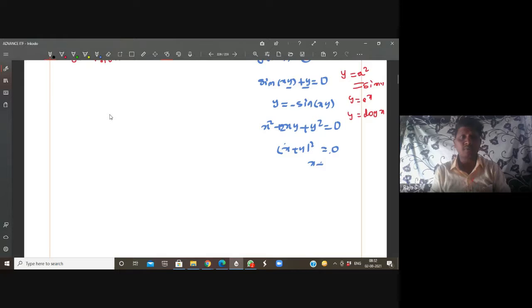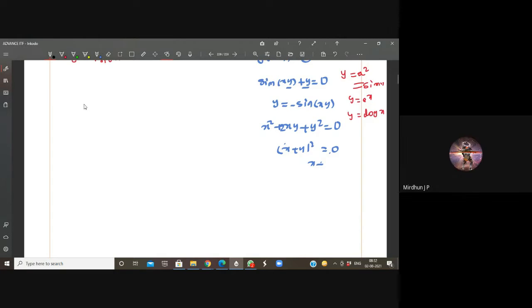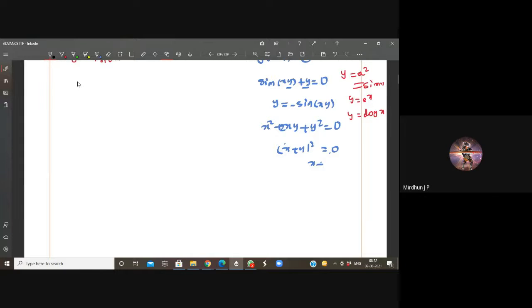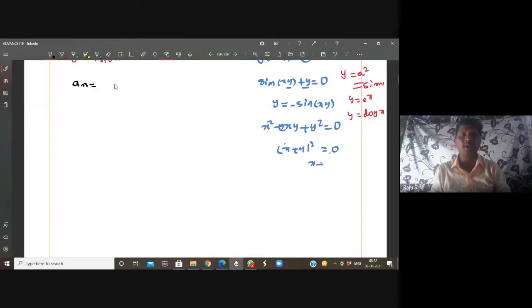The nth term is a plus n minus 1 into d. It can be denoted by an, or else by Tn, the nth term. This can be written as a plus n minus 1 into d.